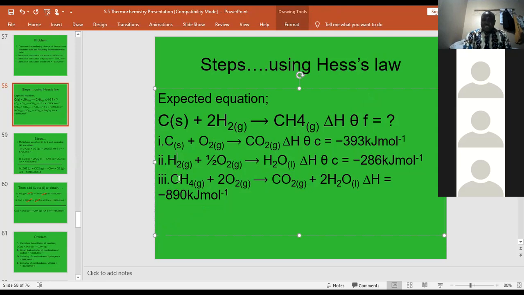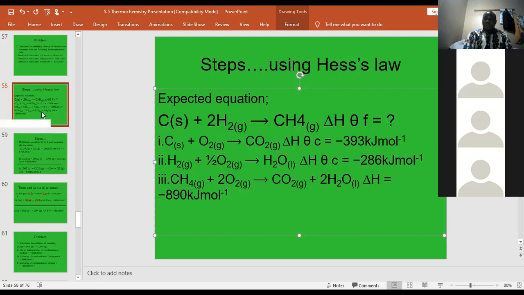Now we also see that there is methane here, but it is on the wrong side. So we reverse this, such that now we have carbon dioxide plus water giving us methane and oxygen. And then we also reverse the sign of the heat, which is negative 890. Now it becomes plus 890 kilojoules.